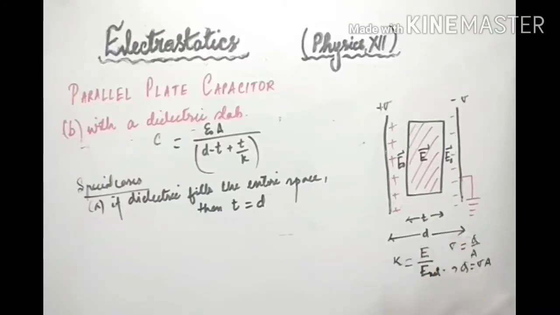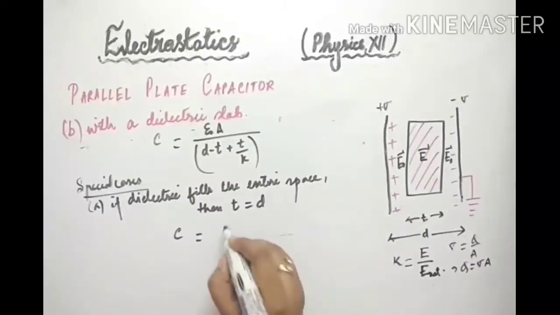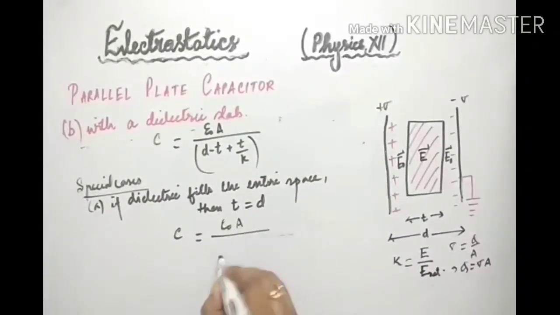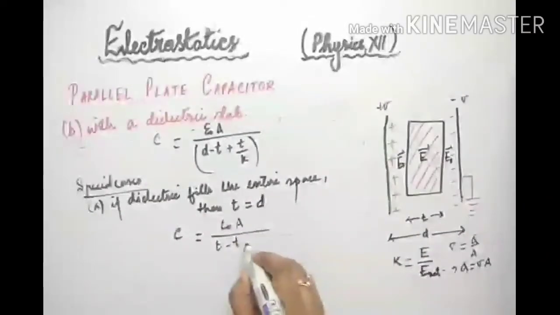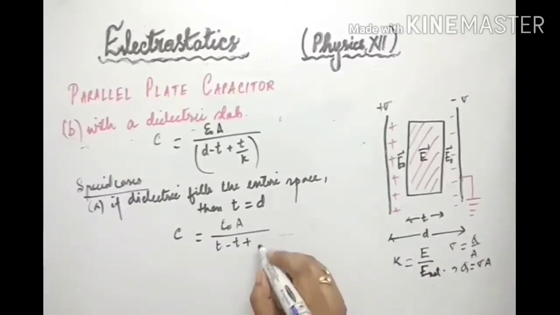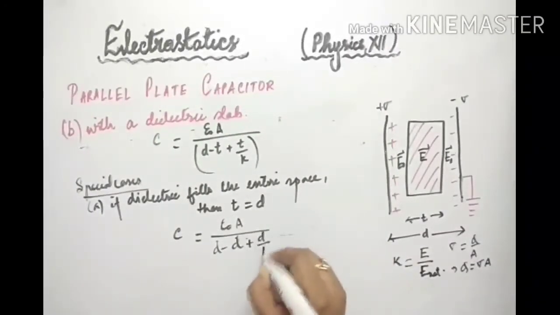That means the thickness will become equal to the space between the plates. So this equation can be written as epsilon naught A by d minus d plus d by k.